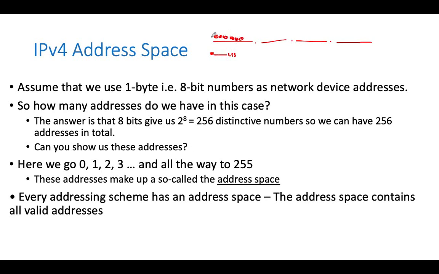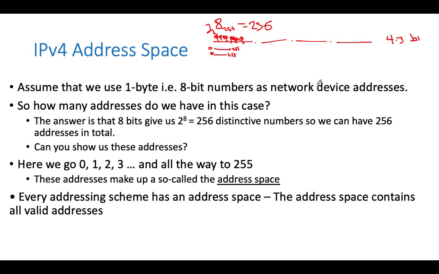If you put all those bits as 1 and convert, it will give you 255. So the first value will be 0, the last will be 255. How many in total? 2 power 8 gives 256 each. And we mentioned that the total number can be up to 4.3 billion IP addresses.